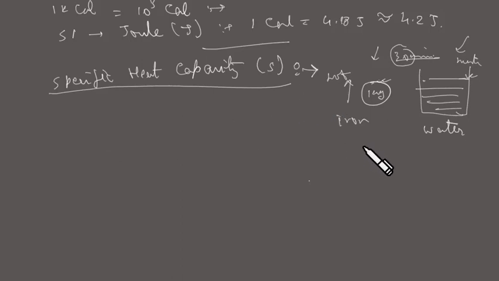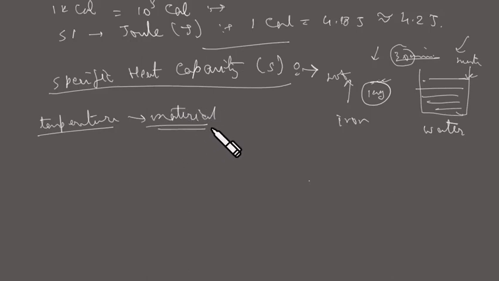From here, it is clear that the increase or decrease in temperature of a body depends on the material by which the body is made. Now, what is the factor?